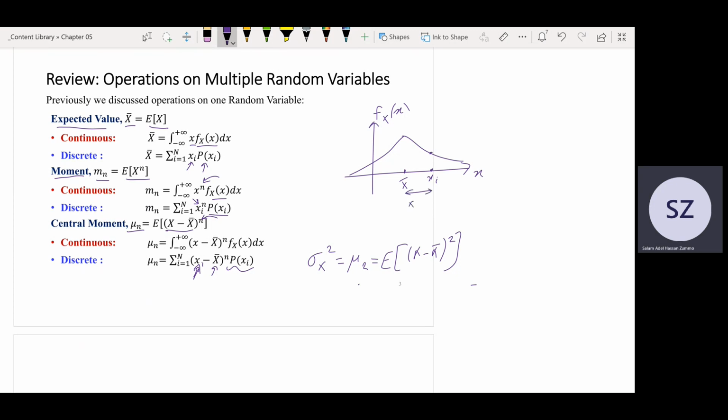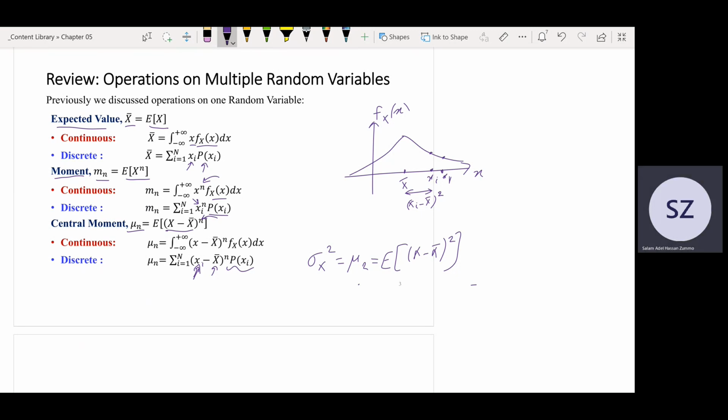Okay, xi minus x bar squared. This gives me the distance squared, and I give it a weight of the probability of this xi. Now I go to the next xi, xj. I repeat the same thing. I calculate the distance between xj and x bar and square it. This gives me the distance squared, multiplied by its probability, and so on.